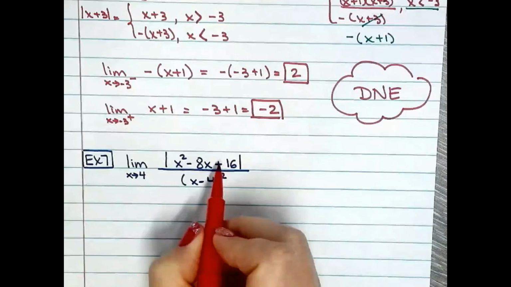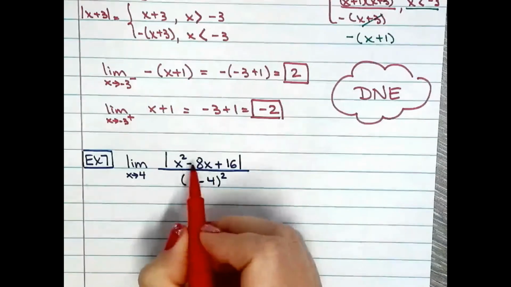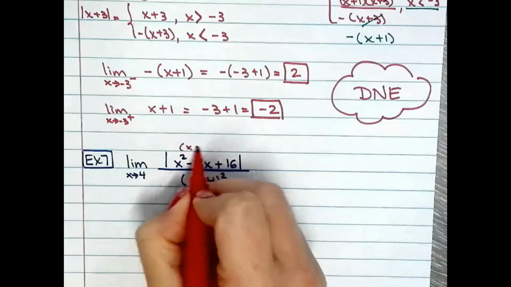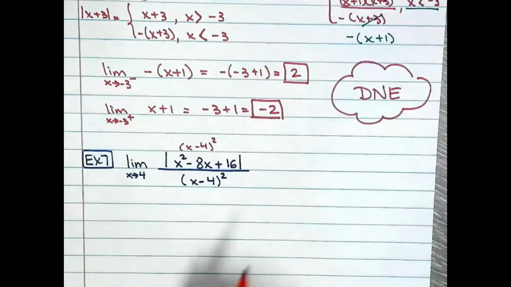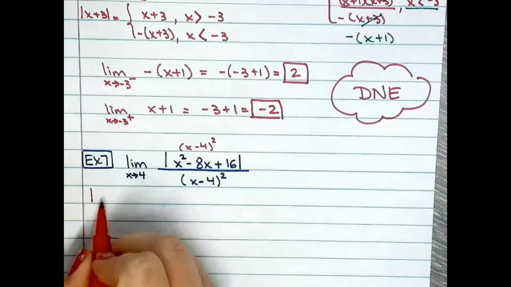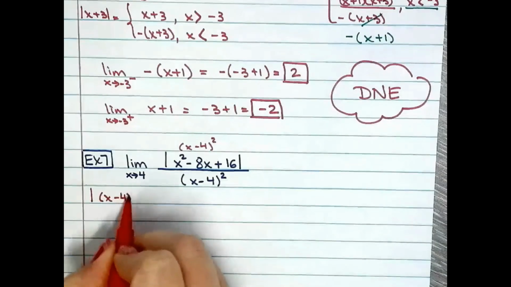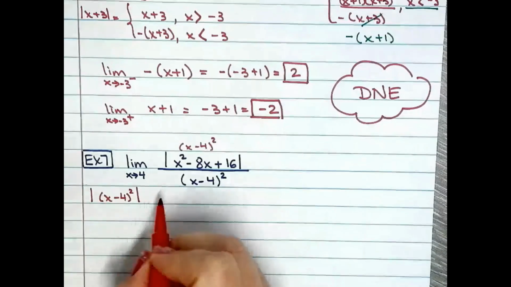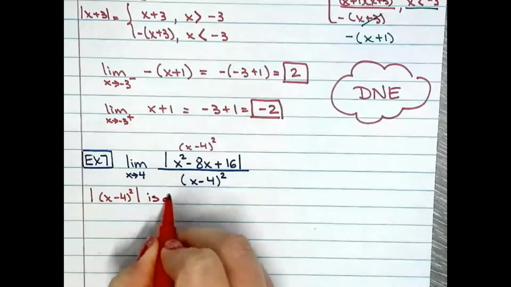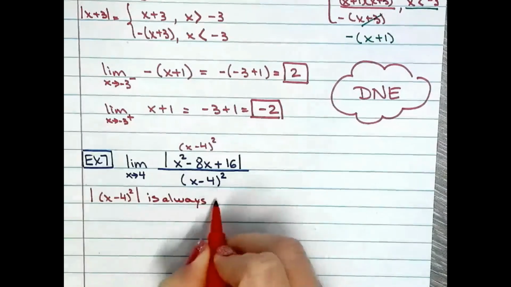So when I look at this, I see the factors. I see x minus 4 squared. Okay? So from the example we just did, I know the absolute value of x minus 4 squared will always be positive.